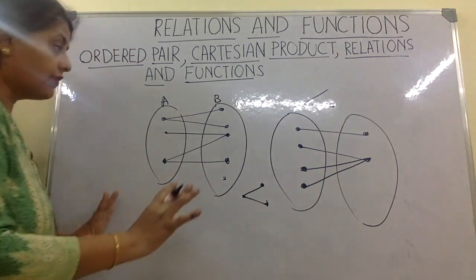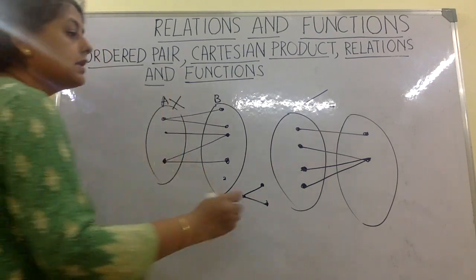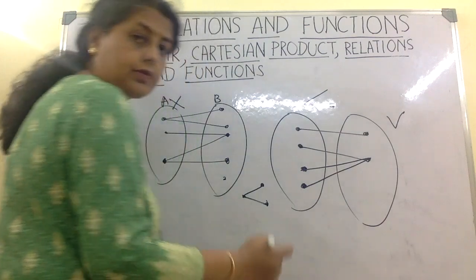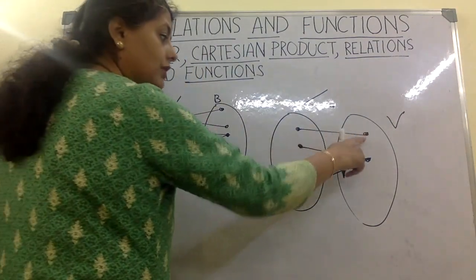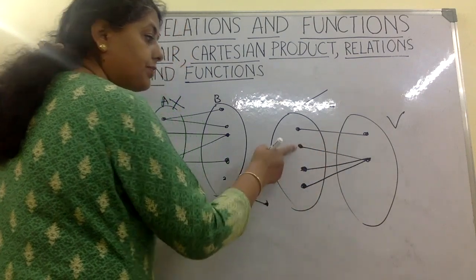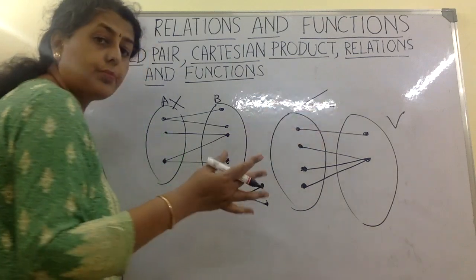That is not a function. This one is a function because many can be linked to one, but one cannot be linked to many.